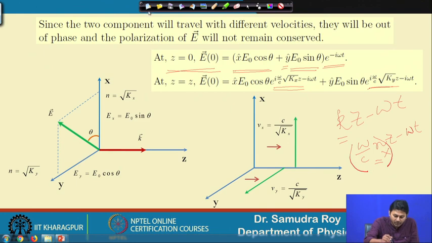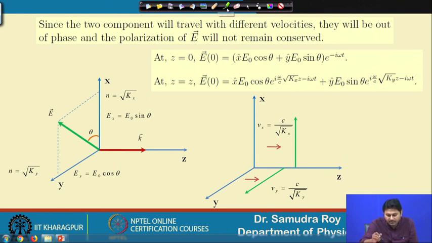Okay, so one important thing we learned: if I launch the electric field with k along the z direction, as shown in this figure, there are three possibilities. One is if I launch the electric field along the x direction or along the y direction, these two are the so-called trivial solutions, and there is no change of polarization.